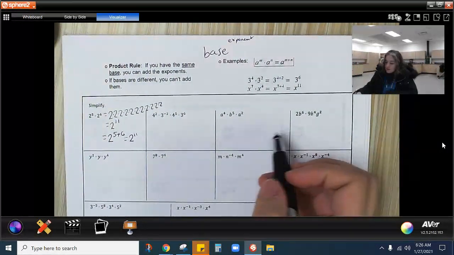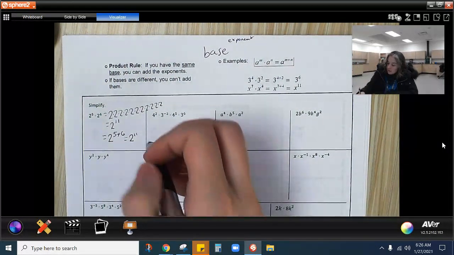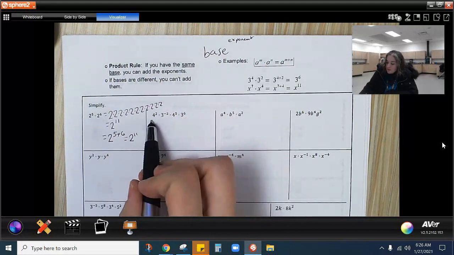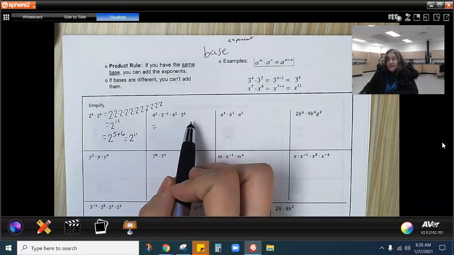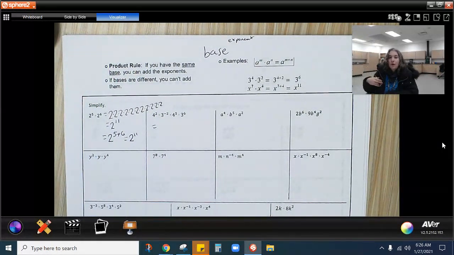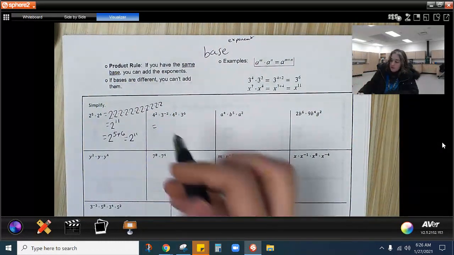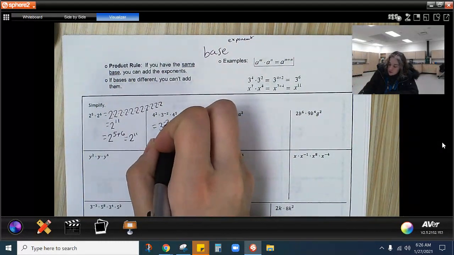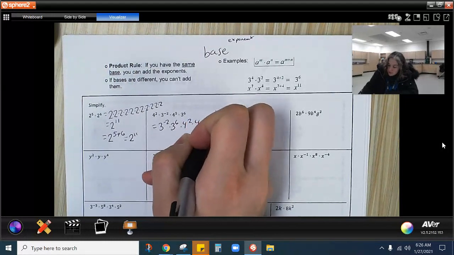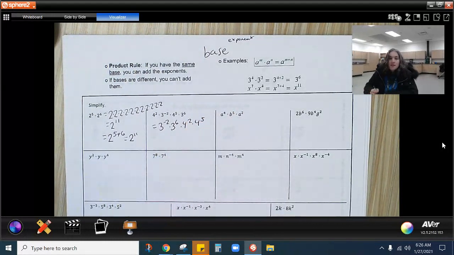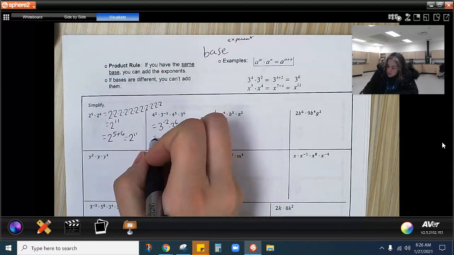So we're going to try some more of these. This one, for example, when we have multiple different kinds of numbers or variables, I find it helpful to write them together. So to list them out, I like to go alphabetical or numerical. So I'm going to do my 3's first. So 3 to the negative 2 times 3 to the 6th times 4 squared times 4 to the 5th. And now that it's like that, it's a lot easier for me to see.